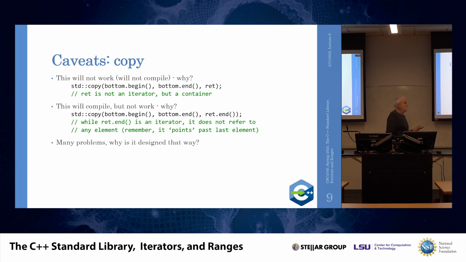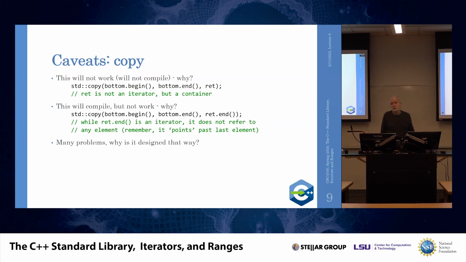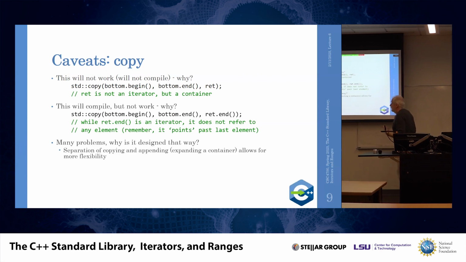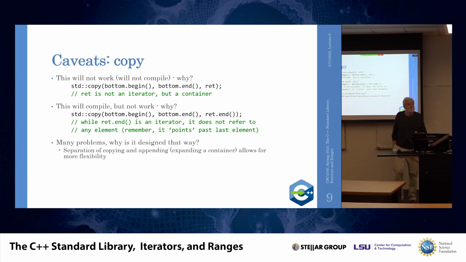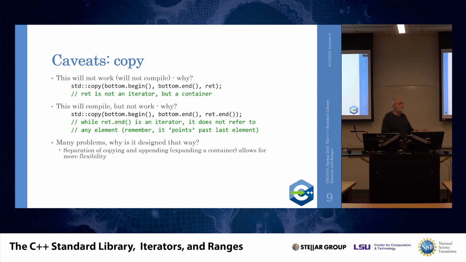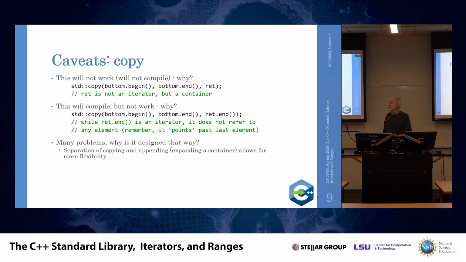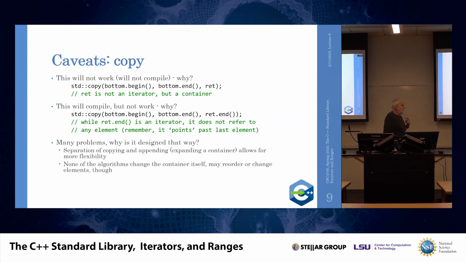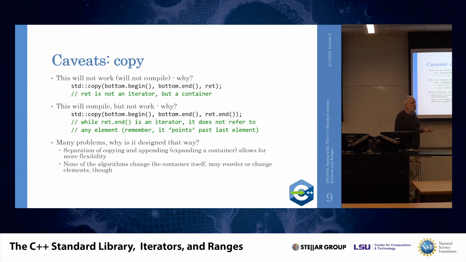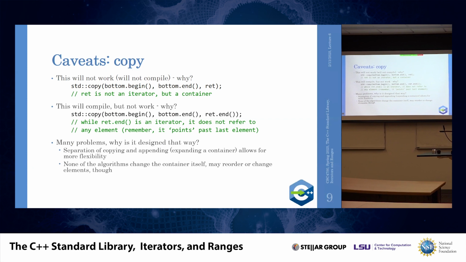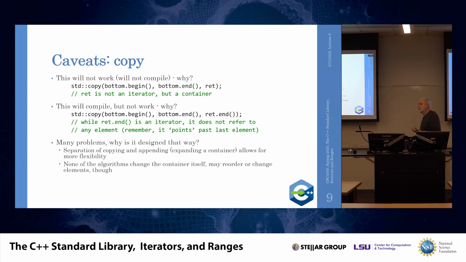So many problems, obvious. Why is it designed that way? Well, there are several reasons. One of the reasons is that separation of concerns is always a good thing. The design separates the notion of copying something from the notion of inserting something in the destination container. The other thing is that none of the algorithms in the standard library change the container itself. None of the algorithms. And that's very important to remember.